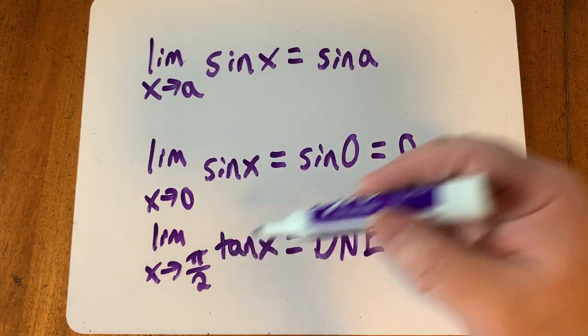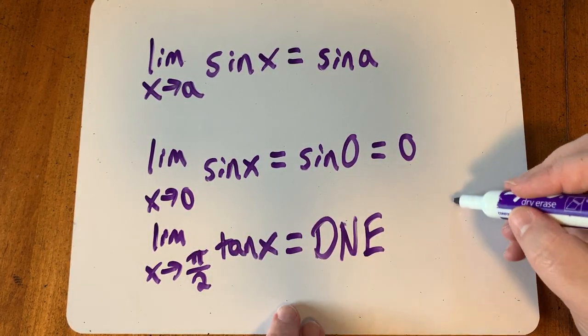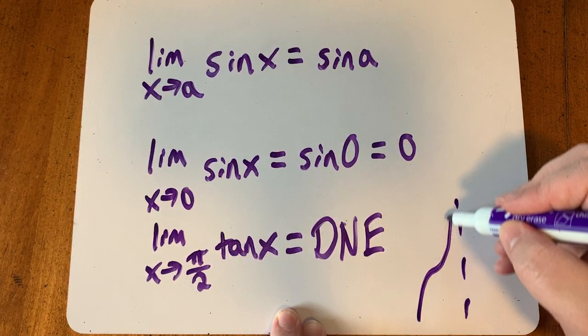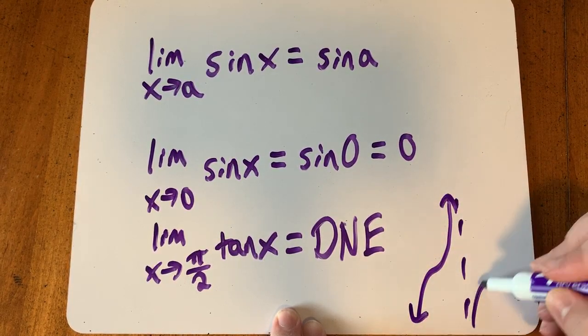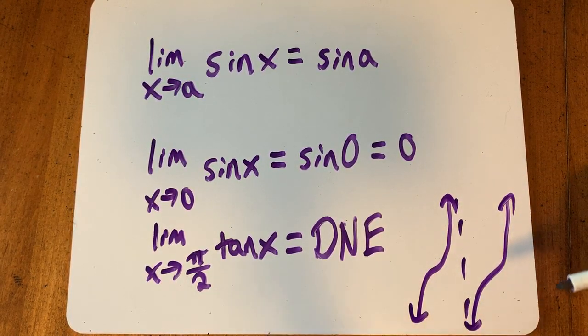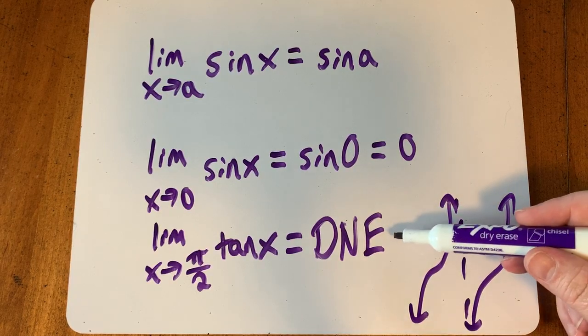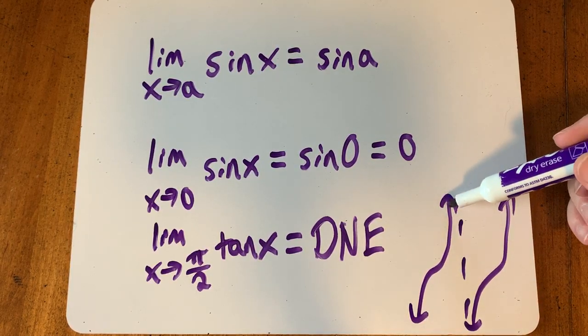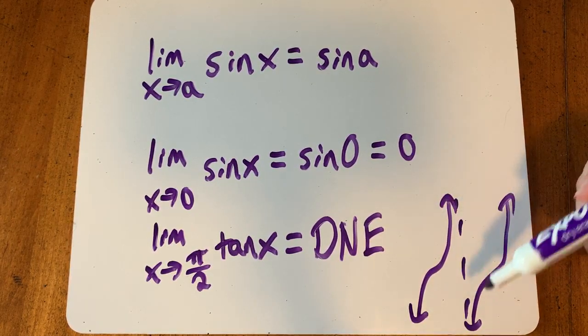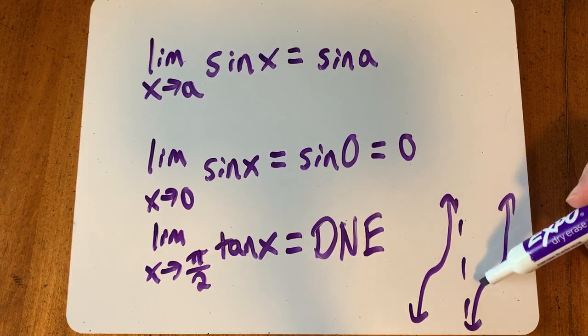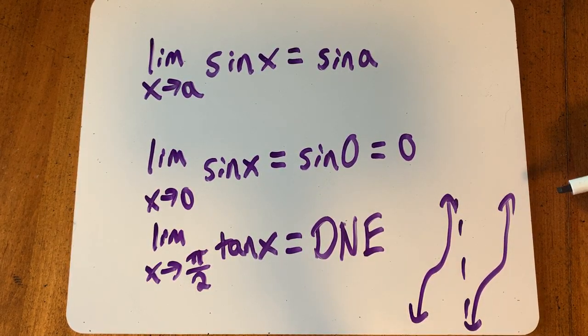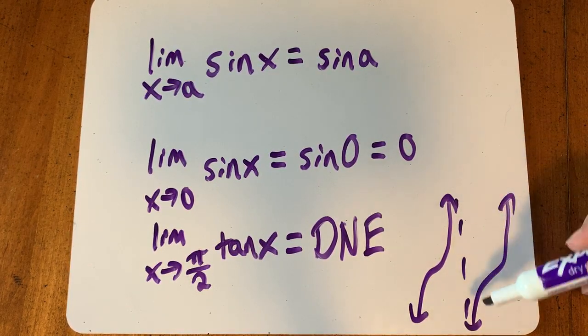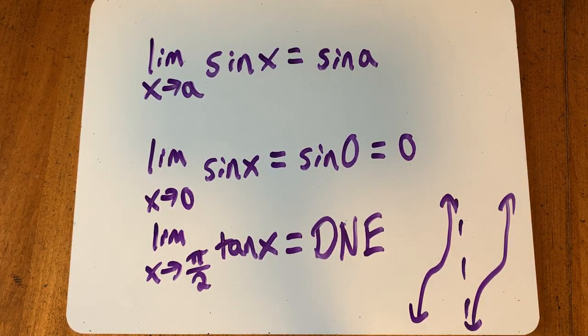And there's the vertical asymptote happening there. Remember, at pi over 2, it would behave like this. So we wouldn't even be able to say infinity or negative infinity, because on either side, the right side limit is going down, the left side limit's going up. So you wouldn't even be able to say positive infinity or negative infinity.